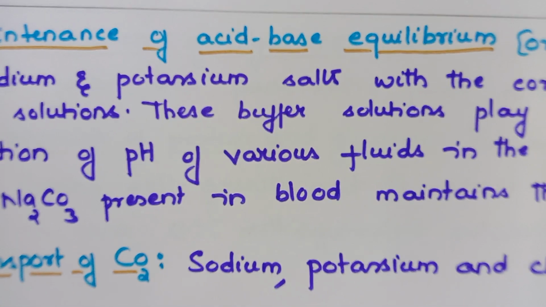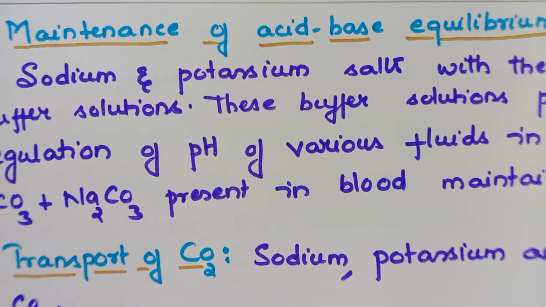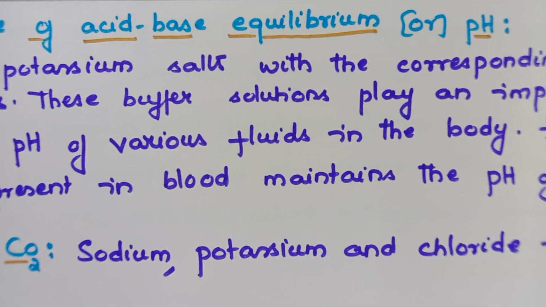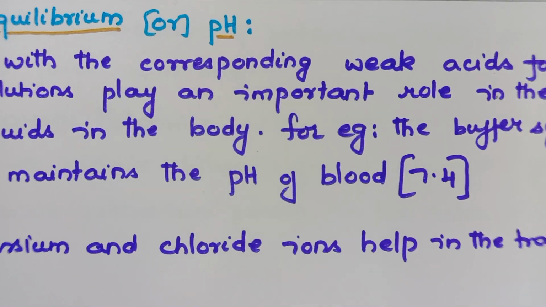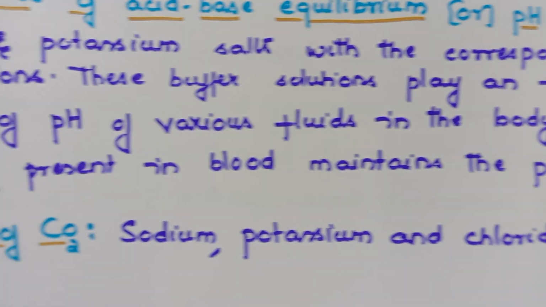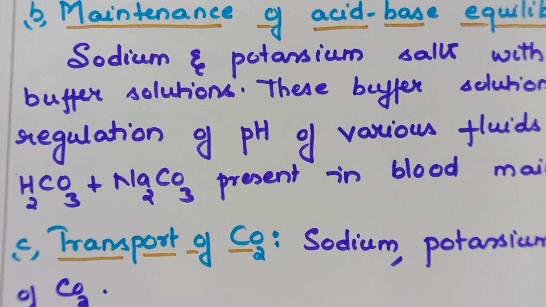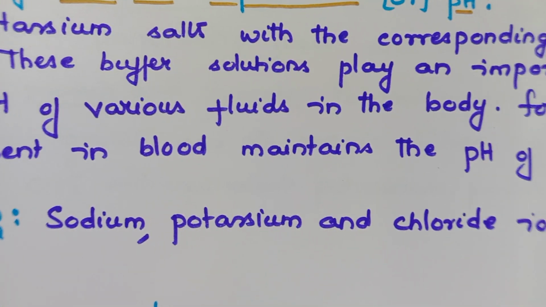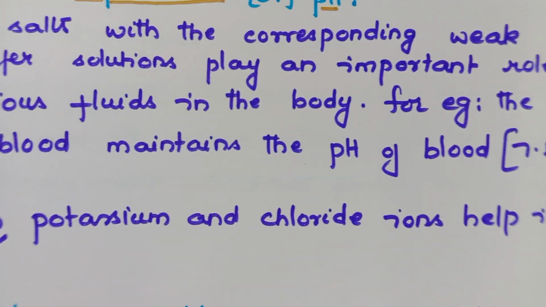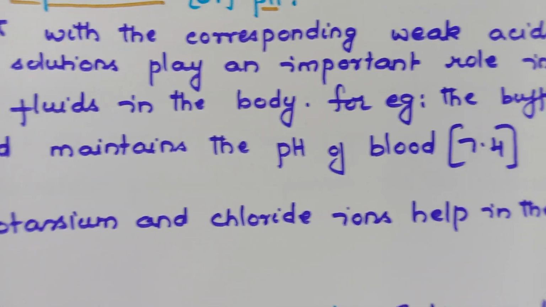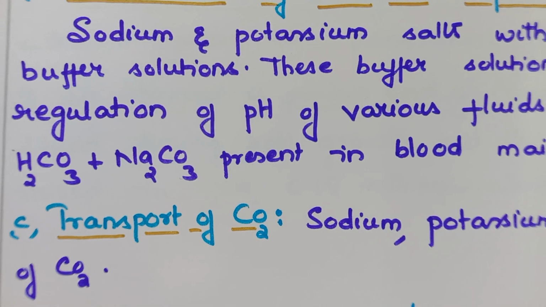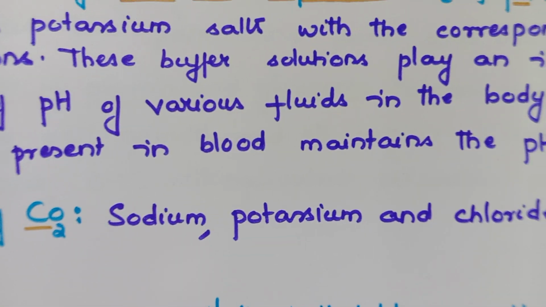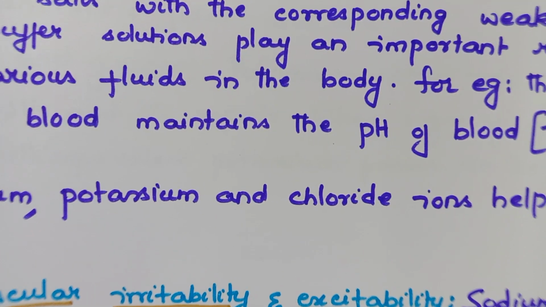Kindly check the points under this. Sodium and potassium salts with the corresponding weak acids form buffer solutions. These buffer solutions play an important role in the regulation of pH of various fluids in the body.